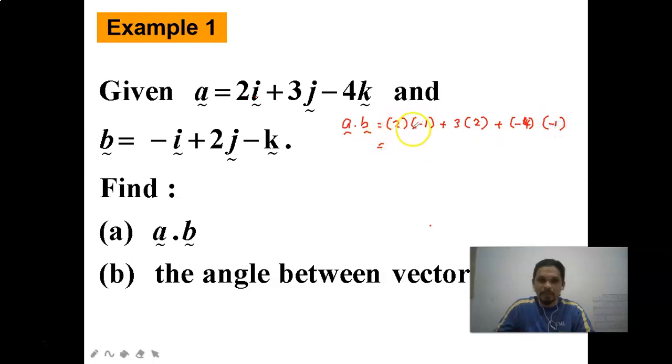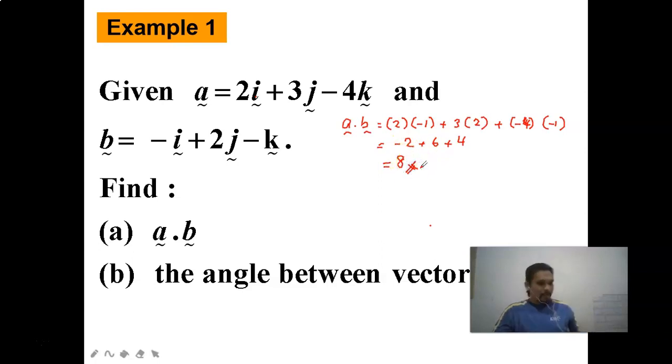Okay, 2 times negative 1 is negative 2, 3 times 2 equals 6, negative 4 times negative 1 equals positive 4. 6 plus 4 equals 10, minus 2 equals 8.